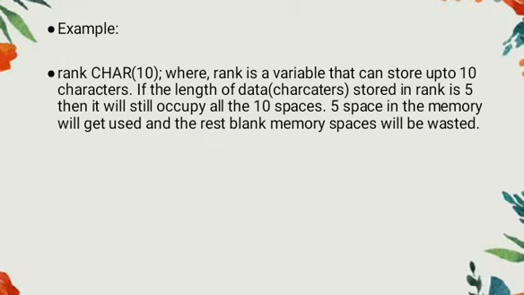For example, rank char(10), where rank is a variable that can store up to 10 characters. If the length of data stored in rank is 5, then it will still occupy all 10 spaces. 5 spaces in the memory will get used and the rest of the blank memory spaces will be wasted.